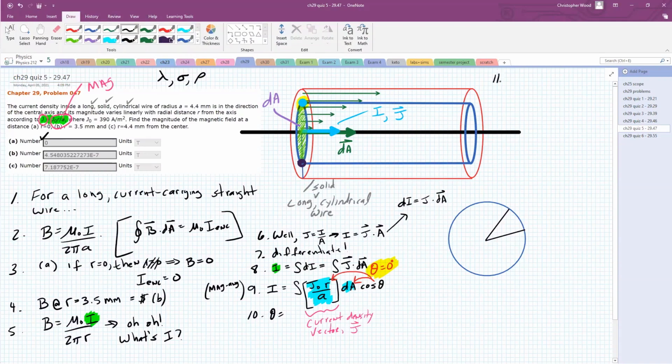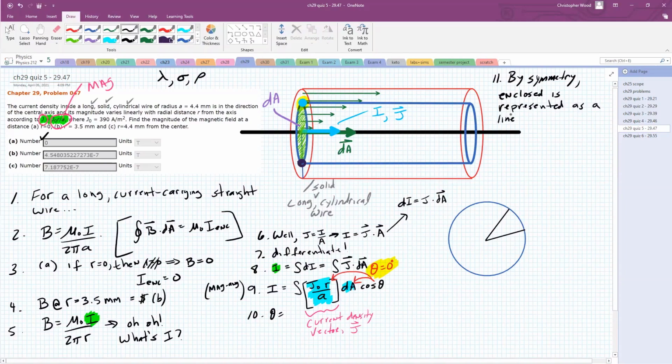Number 11, I guess we're saying, because of symmetry, the enclosed current is represented as a line, coincident with the axis.